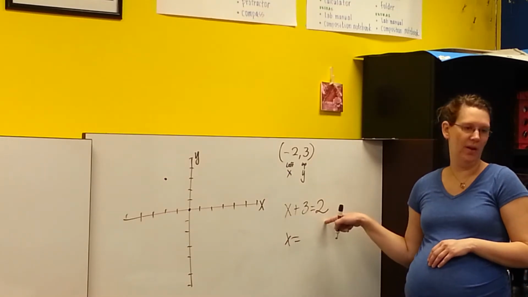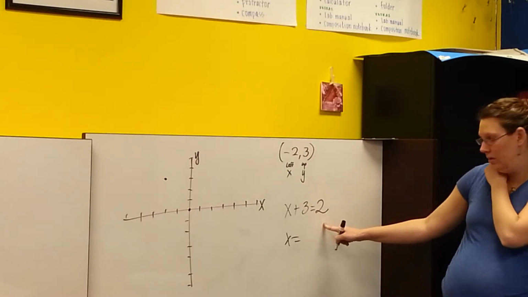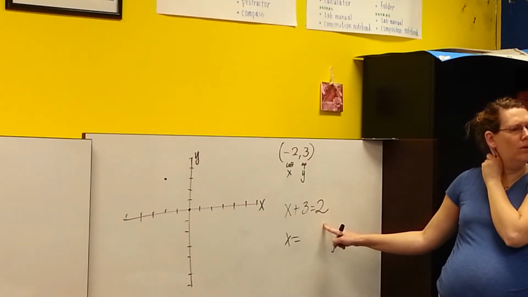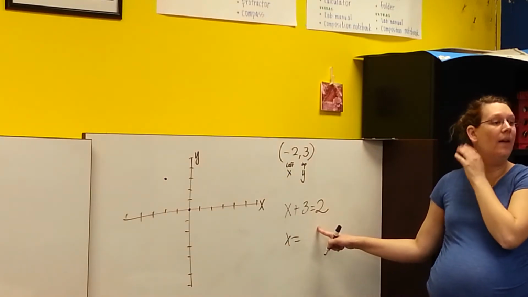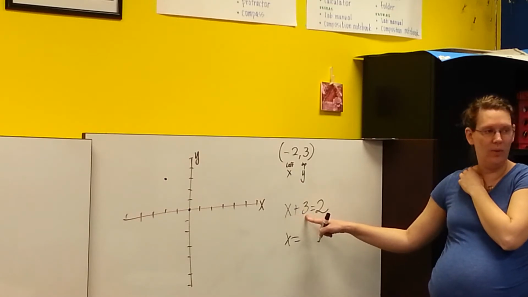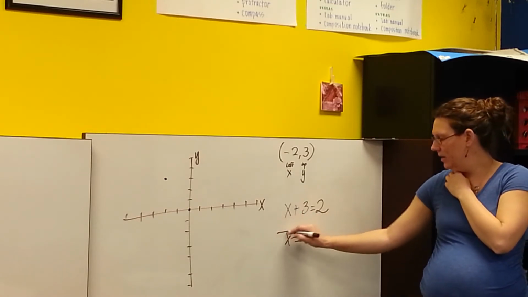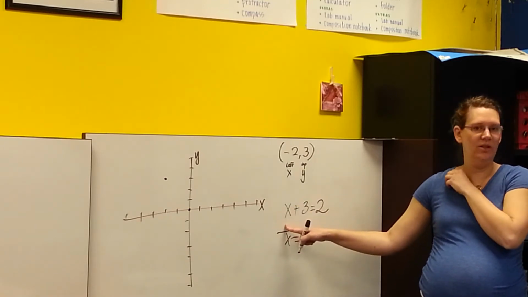What's my step in the middle that I need to use here? What's my step that I need to use to figure this out? That's what it says, x plus 3. So what's the step that needs to go in this line right here? What do I need to do to get x by itself? Destiny?